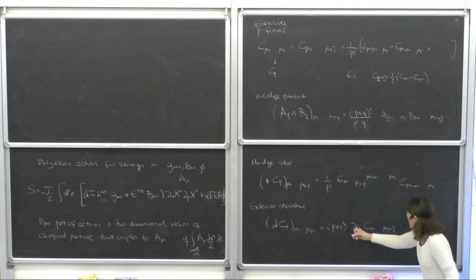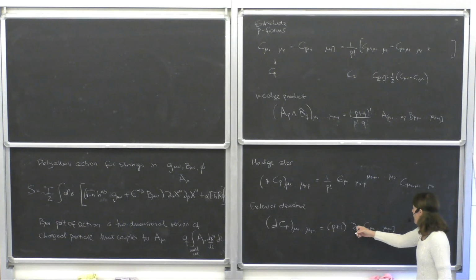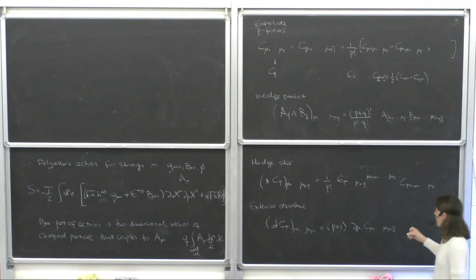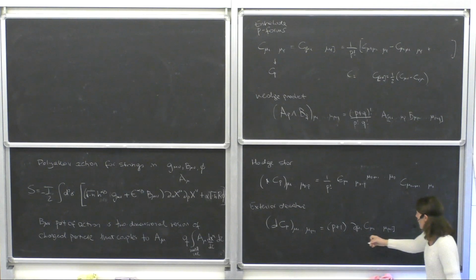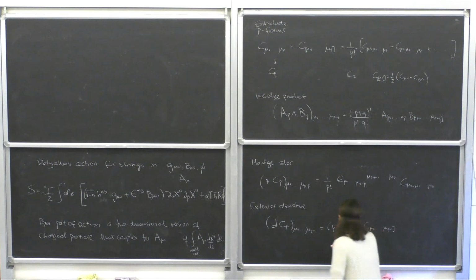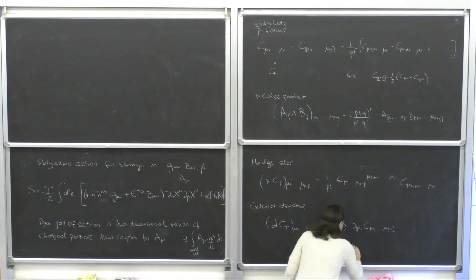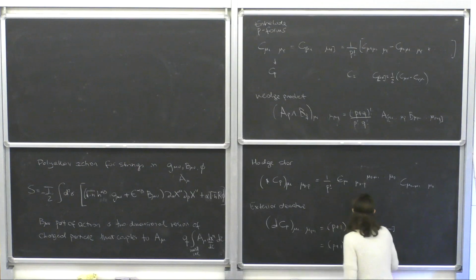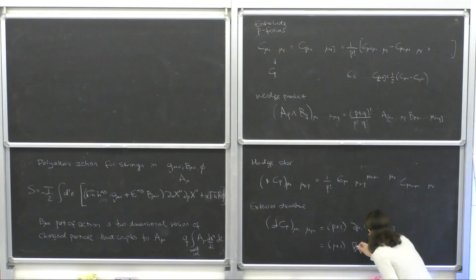And the nice thing about this is that if I replace this partial derivative, then the Christoffel symbols in this antisymmetrization go away. So this is really a p plus 1 form. So this is really a covariant object, equal to p plus 1 times the covariant derivative. Usually if you do the partial derivative of a tensor, it doesn't transform as a tensor.